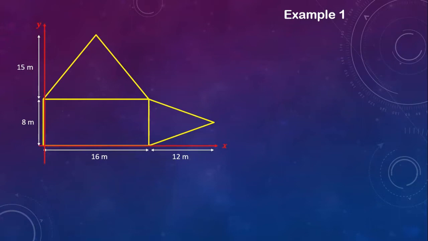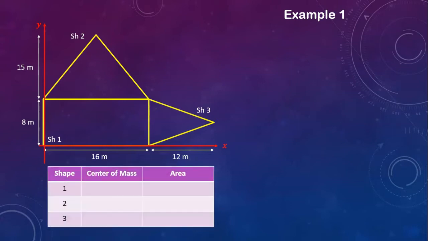Please take a look at the xy axis. This one is shape 1, the rectangle. The second one is shape 2, a triangle. And the third one is shape 3, a triangle as well.